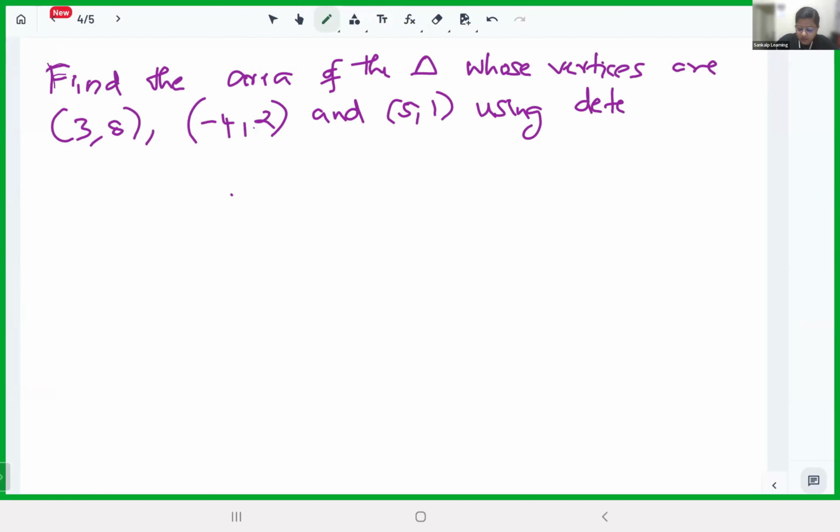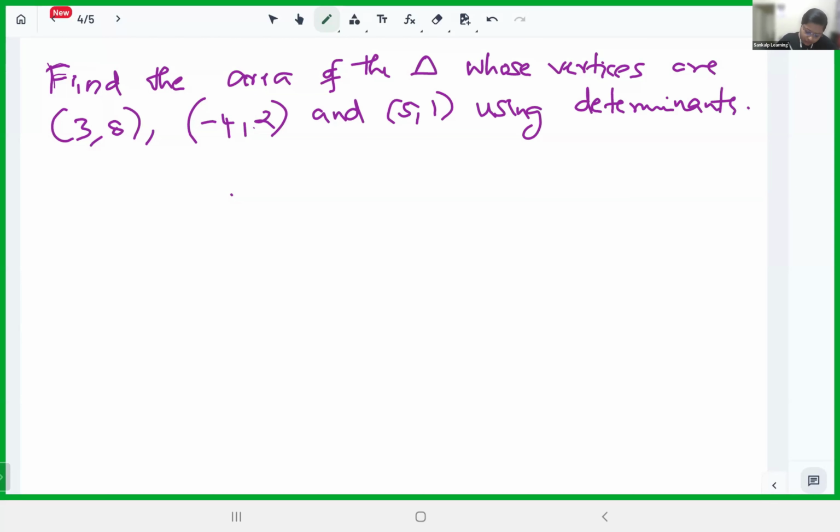All right, you have to find out the area of the given triangle. Given triangle means they have given the vertices of that triangle. One vertex is 3, 8, another is minus 4, 2, and the third one is 5, 1. You have to find out the area of the triangle.